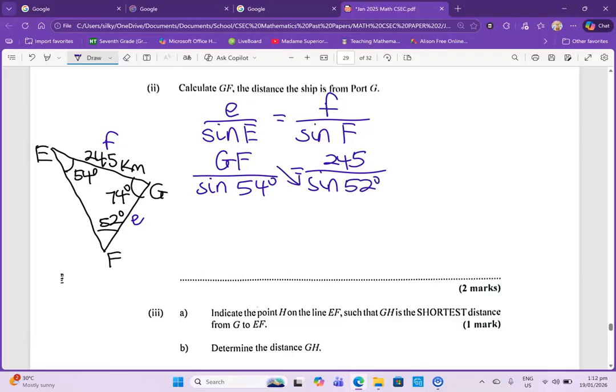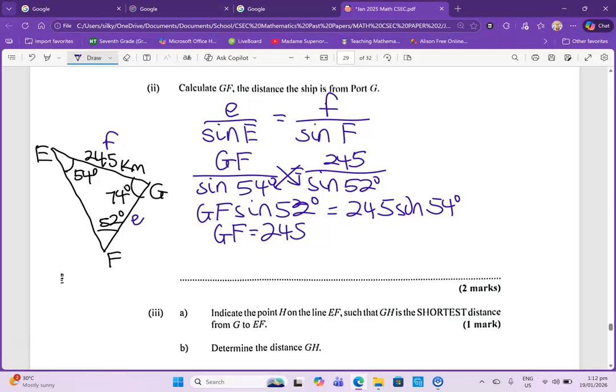So if I cross multiply like that, I have GF times sine 52 degrees is equal to 245 times sine of 54 degrees. So therefore GF is equal to 245 sine 54 over sine 52 degrees.